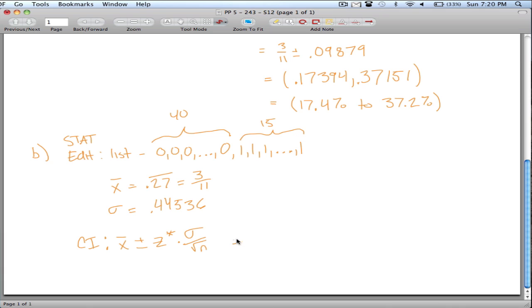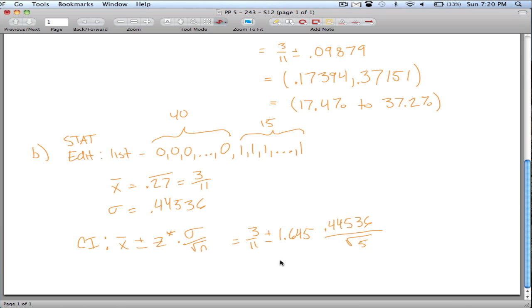So we get 3/11 plus or minus 1.645, the critical value of z we saw before, times 0.44536 divided by the square root of 55 golfers.